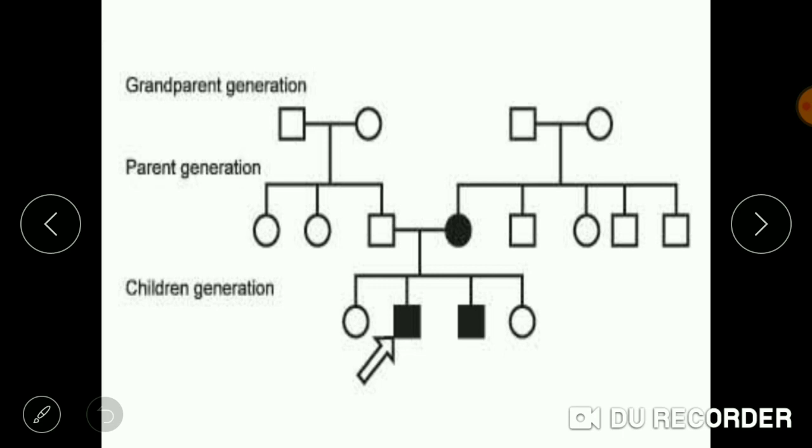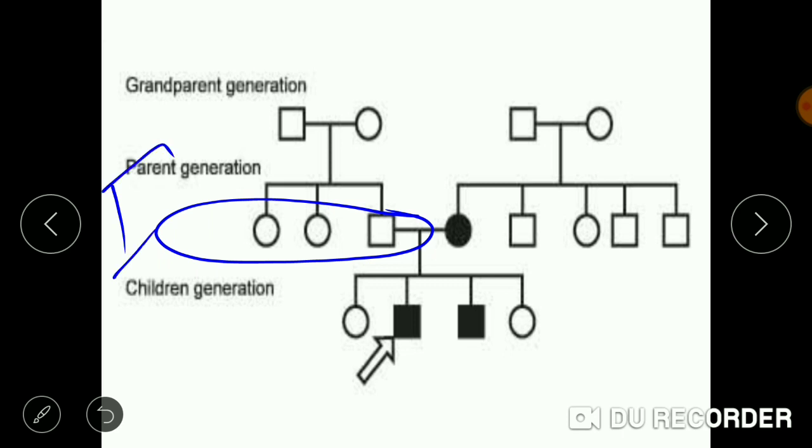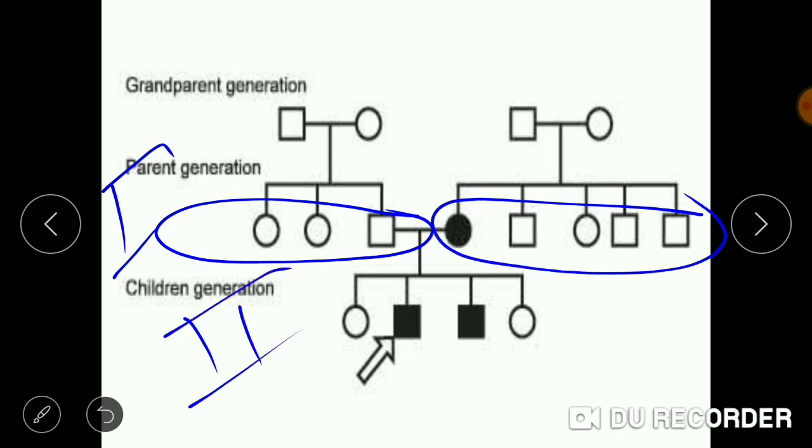There are 3 offspring in the first family, and in the other family there are 5 offspring. In the second generation, there are 4 offspring.